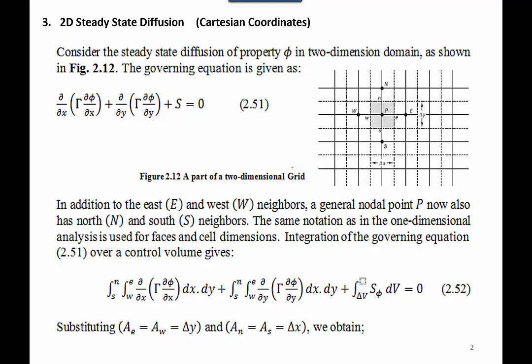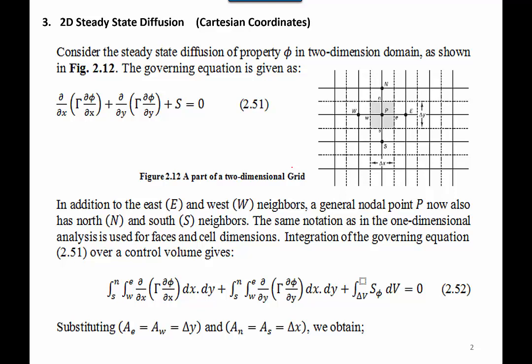Recall the general transport equation for the transport property phi in chapter 1. It included many terms. Since this chapter studies the steady state case, the first term on the left of the general transport equation, partial phi by partial t, will be deleted because there is no change in phi with respect to time.